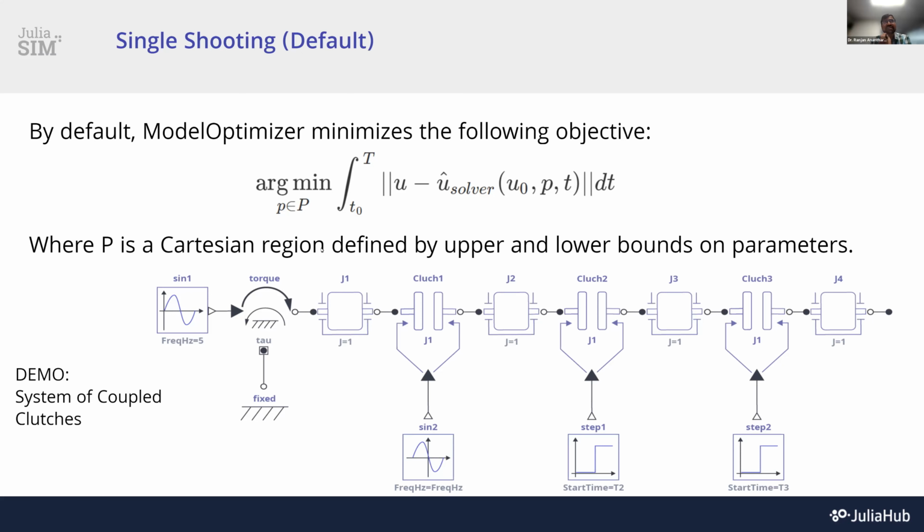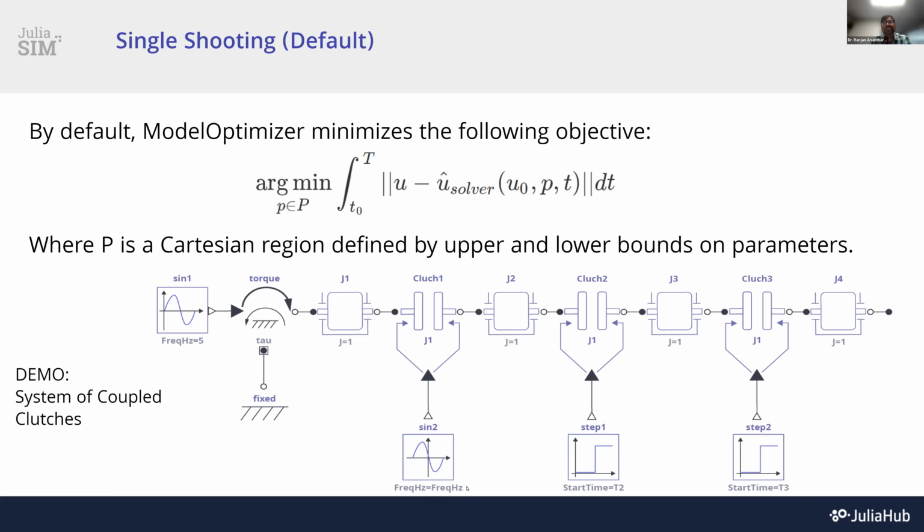So to give you a sense of this, let me just pull up a demo. This is a model of a system of coupled clutches. You see the 3 clutches over here, and you have 4 rotational inertias really. Each of these clutches is controlled by a particular input.